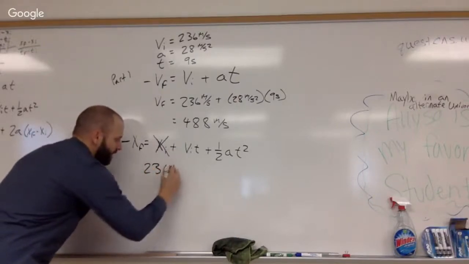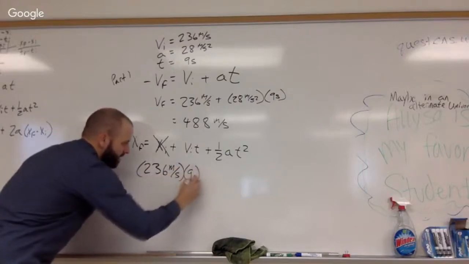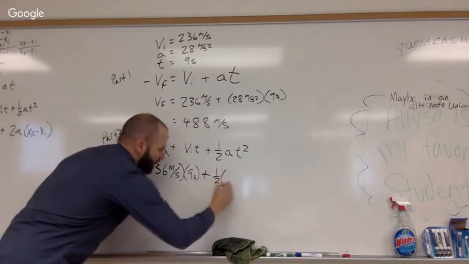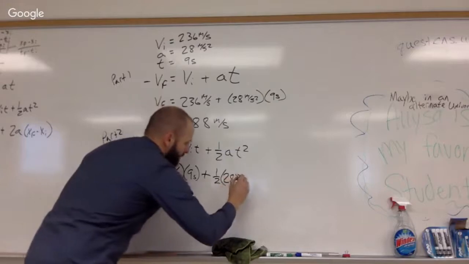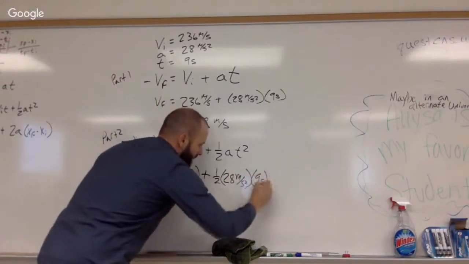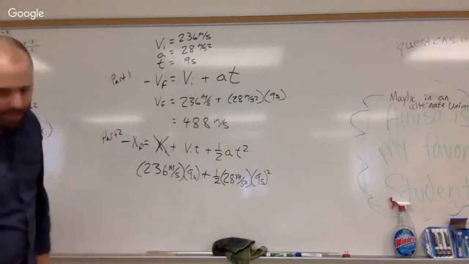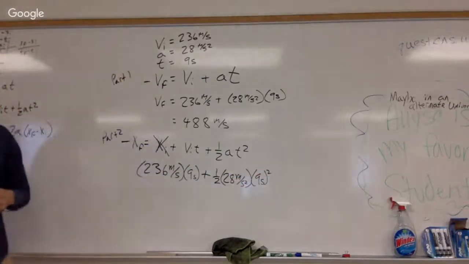So you should end up having 236 meters per second times 9 seconds, plus 1/2 times 28 meters per second squared times 9 seconds, and you're going to square that 9 seconds. Please don't forget, the only thing you're squaring is the 9 seconds.